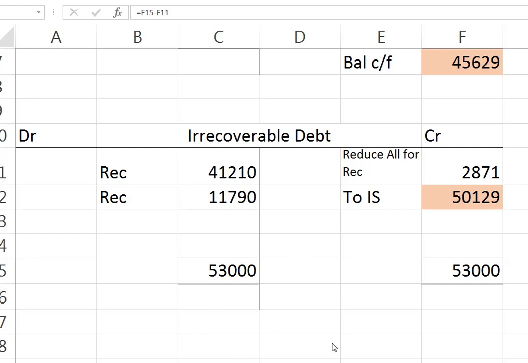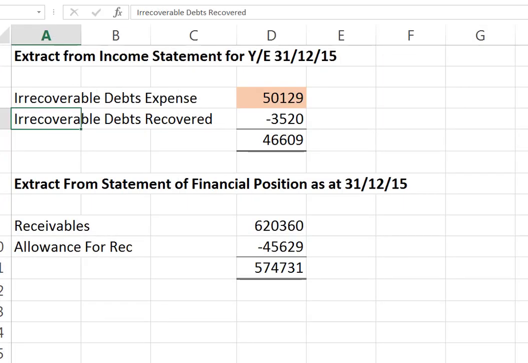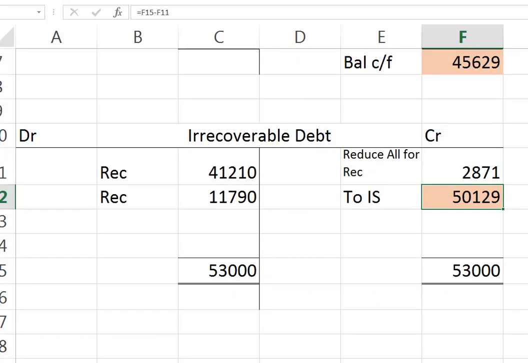And what you would have been expected to do there is you would have your irrecoverable debt recovered account. And on the credit side of that account, you would have had your amount. What was the amount again? 3520 on the credit side of that account, because that would be reducing the expense that was a recoverable debt.